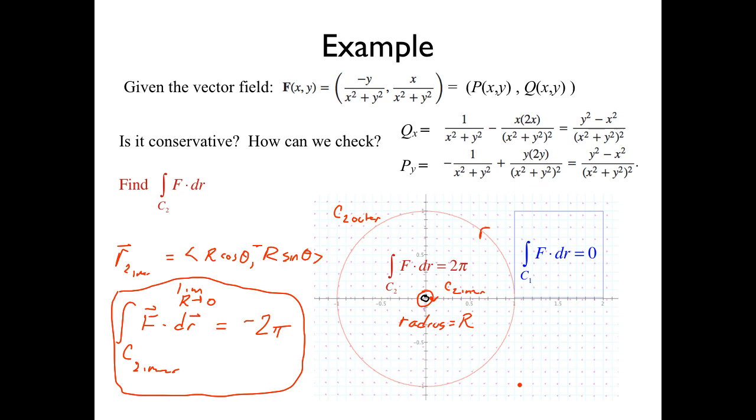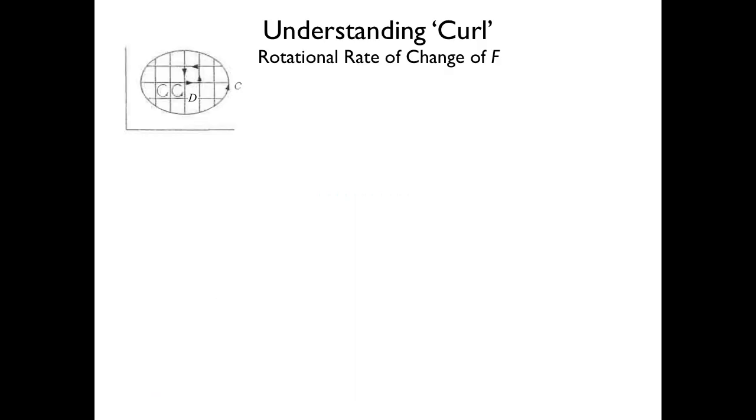Can I erase and go on? All right, so the next thing we have to talk about is curl, understanding curl. If you have a vector field F, we want to talk about what it means, what's the rate of change. A vector field F is just a special kind of function, right? It's a function whose independent entity is location, and the dependent entity is a vector.